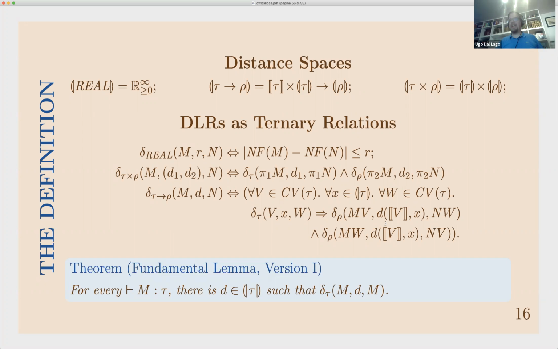So everything is driven by this d, and this d can be any function. So we are very, very general.